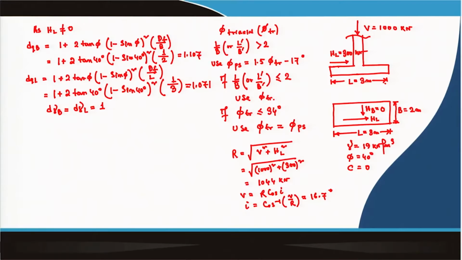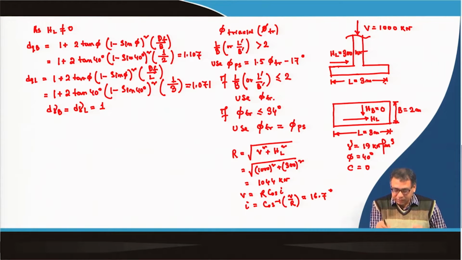So, this is the problem: the vertical load was acting with 1000 kilonewton, the horizontal load was 300 kilonewton, and the horizontal load was parallel to the length of the foundation. It is parallel to B, so the horizontal load there is 0, but that can be both also.